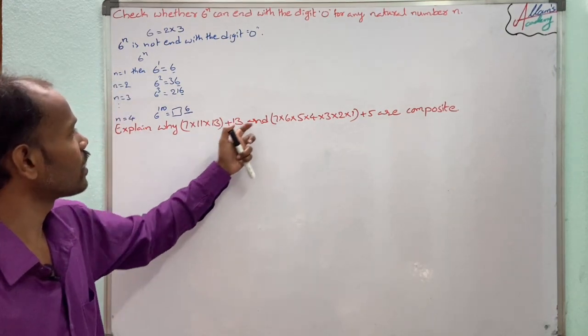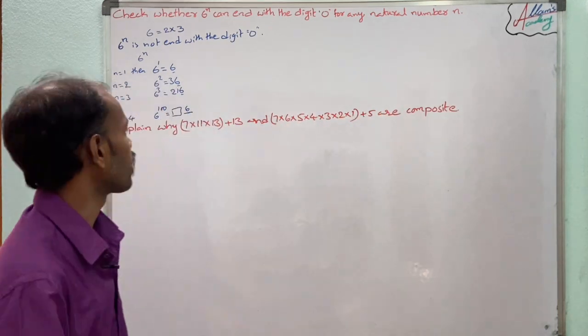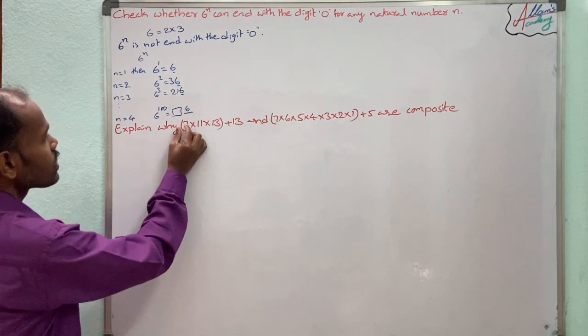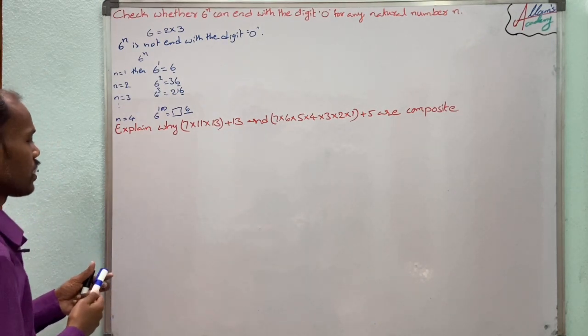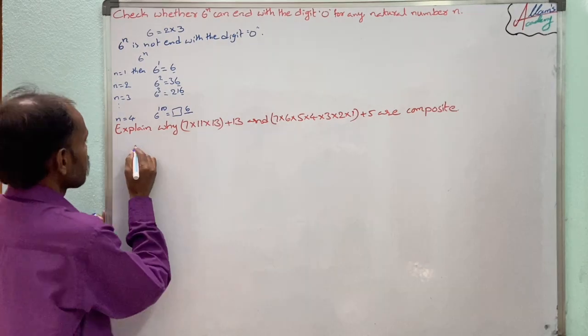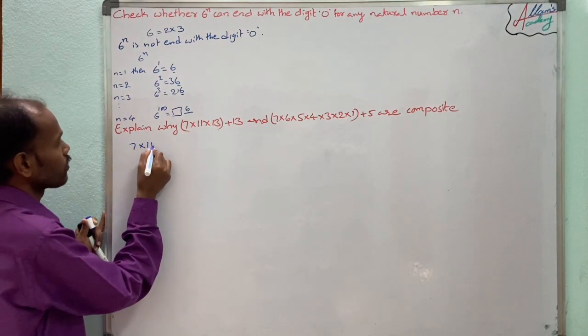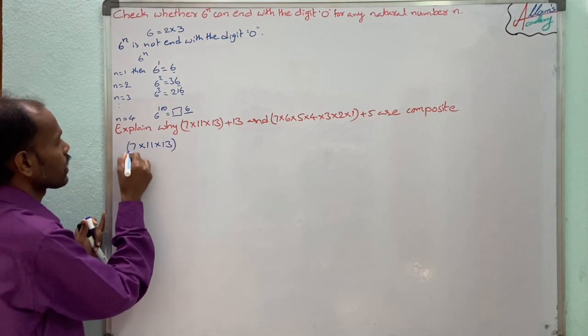Now we show that 7 into 11 into 13 plus 13 is a composite number. First take 7 into 11 into 13 plus 13.